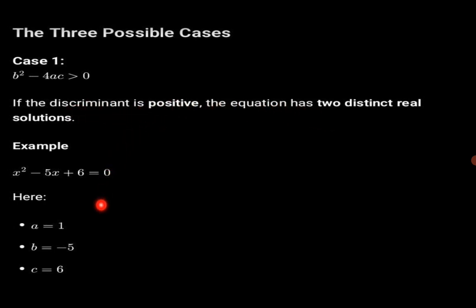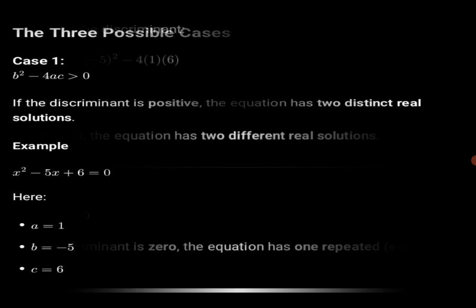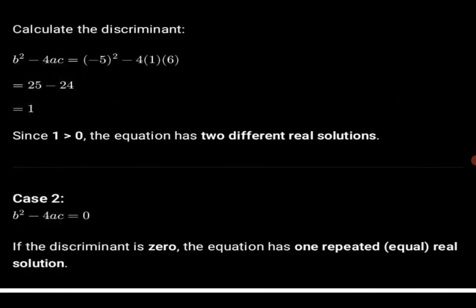For example, if you substitute the values of a, b, and c from this equation, the value of a there is 1, and that of b is minus 5, and that of c is positive 6. So let's see what will be the nature of the solutions. The discriminant therefore is going to be, just substitute the values.